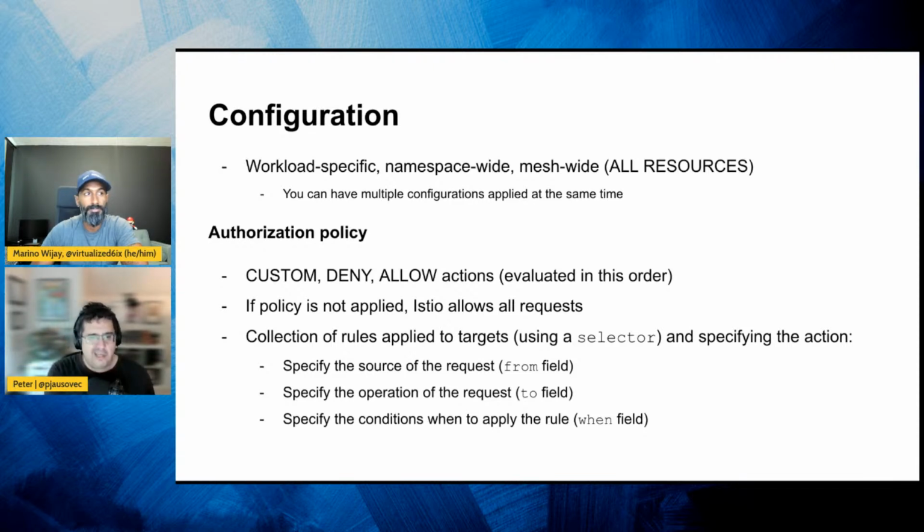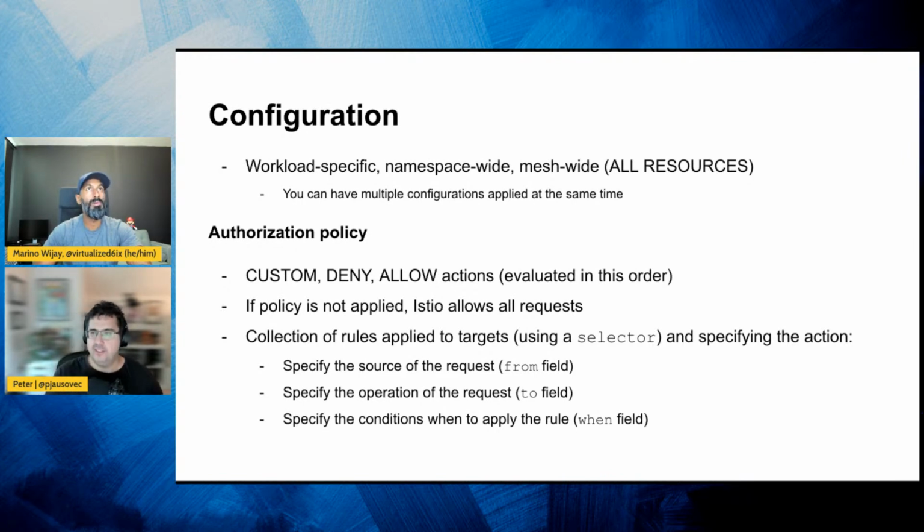For the authorization policy specifically, we are talking about a collection or an array of rules that get applied to targets. You specify those targets using a selector, be it namespace wide or mesh wide, and you specify the action, right? So you're saying, I want to apply these rules to all workloads with the label app httpbin, and I want to deny the request to those targets, and then you specify the rules: when and under what conditions will that happen, right?